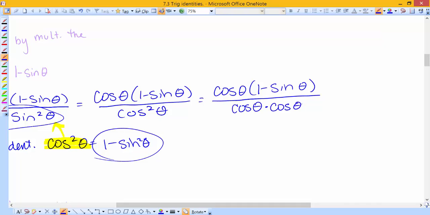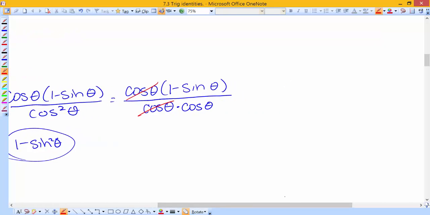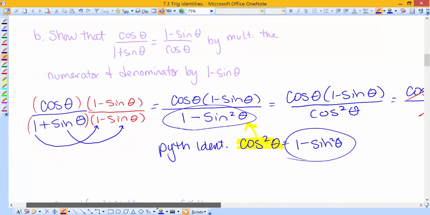Now you might see that, oh, wait a second, we can cancel a pair of cosines because I've now written it as multiplication, which gives me 1 minus sine of theta over cosine of theta. And that's what I was looking for. So you guys actually did and established the identity right now. We had a left side equals a right side, and we worked to get the left side to equal the right side. It is a long process, I understand that, but you are going to have to put the effort in.